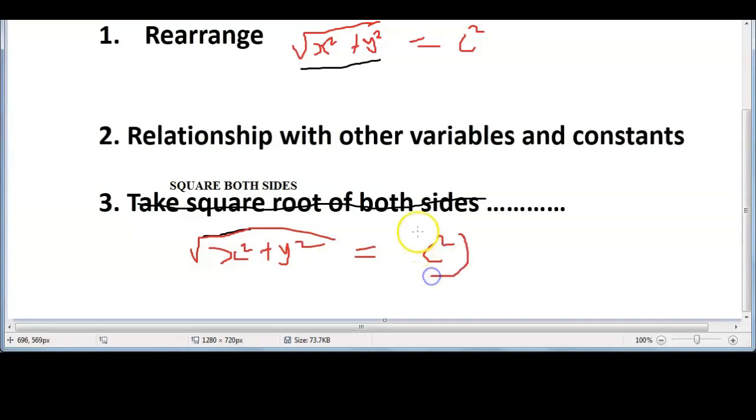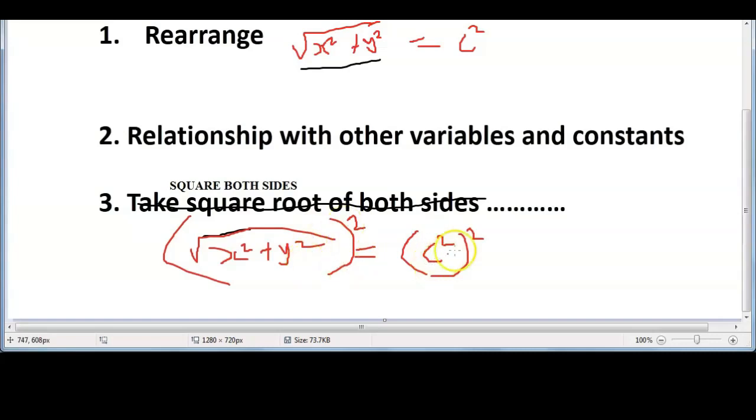So this gets squared, and this also gets squared. The square of the square root of a quantity is the quantity without the square root bracket.